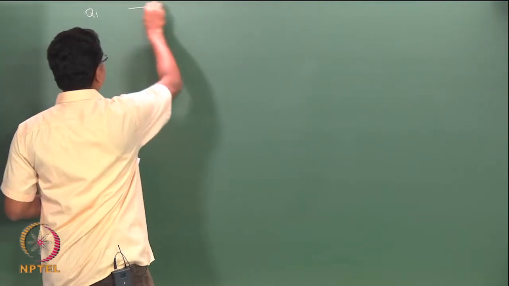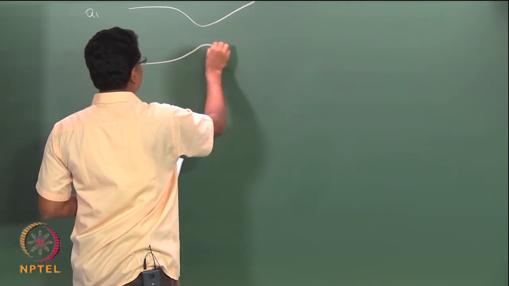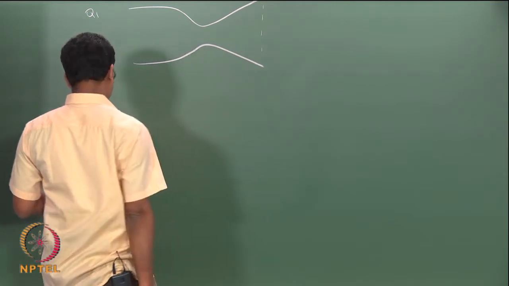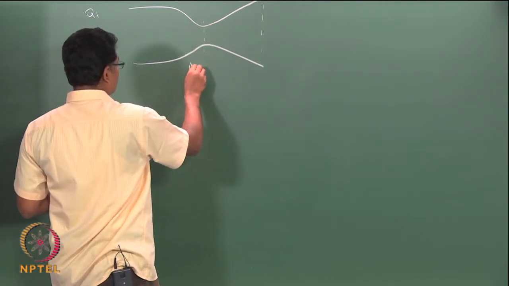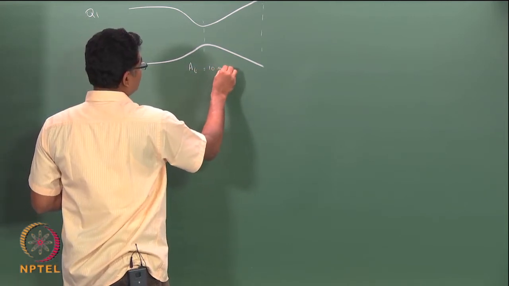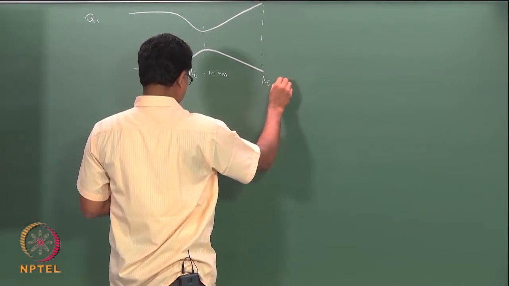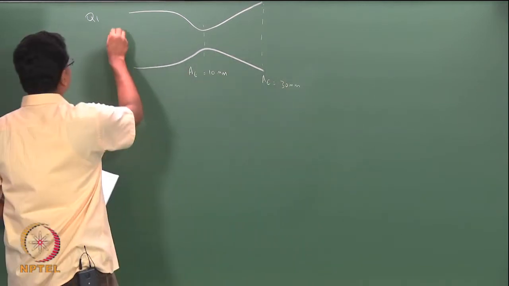So, the first question I have here is, I have a converging diverging nozzle. The throat area is 10 millimeters. The exit area is 30 millimeters.